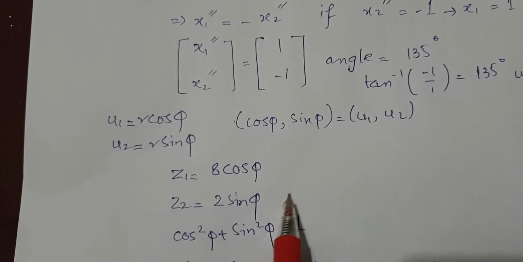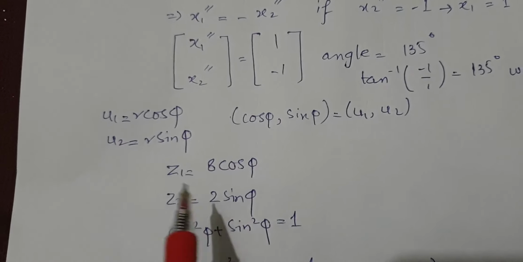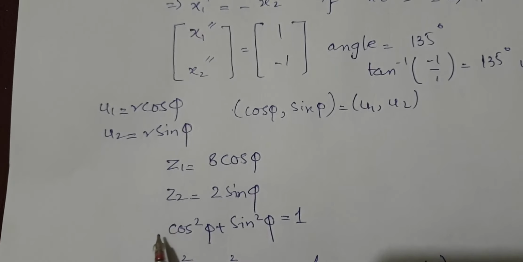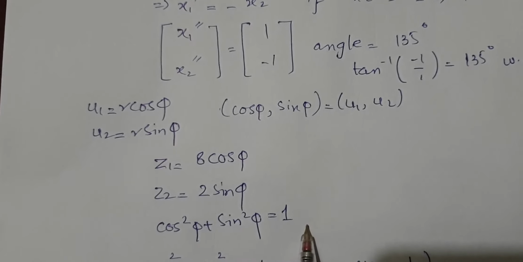These two points are actually on the new shape that it has transformed into, and we know the trigonometric identity cos square phi plus sin square phi is equal to 1.